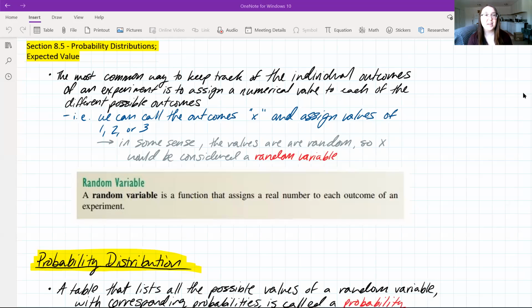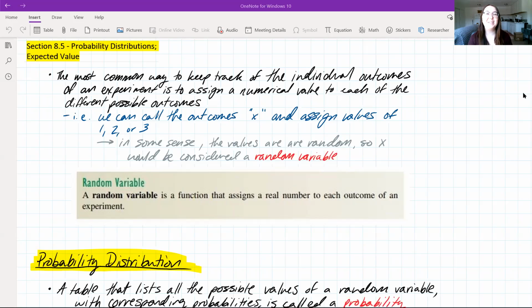So in this sense, if we assign numerical values to every different outcome, and all our outcomes are referred to as X, then in some sense the values are going to be random, so X would be considered a random variable. Since we cannot ever really predict an outcome, we can always give it maybe a probability or percentage of what we think it may be.